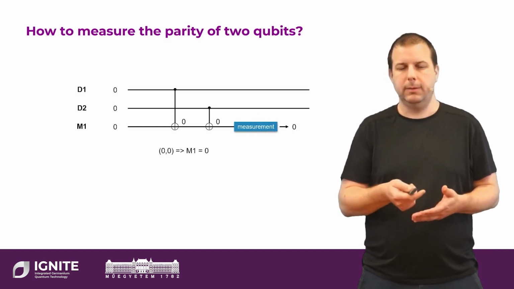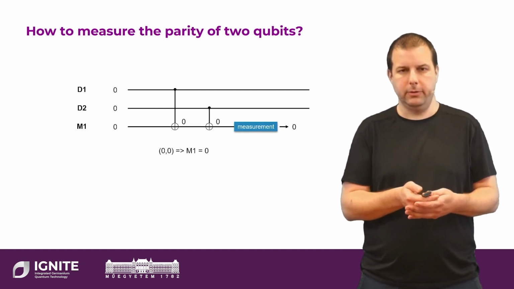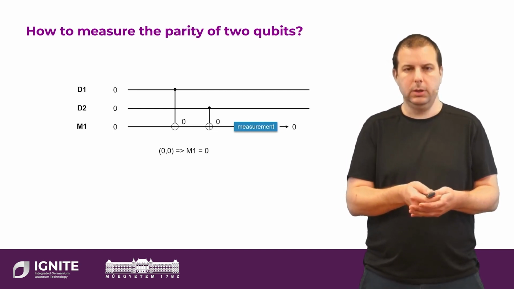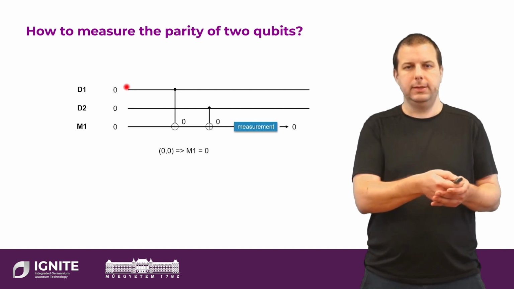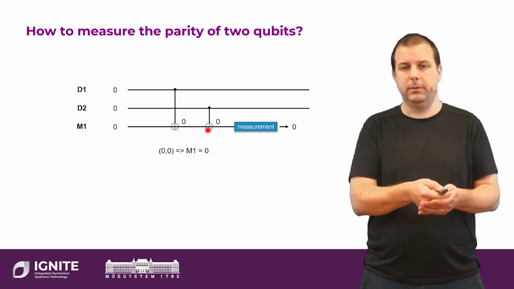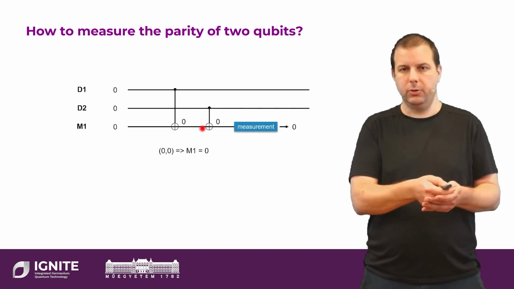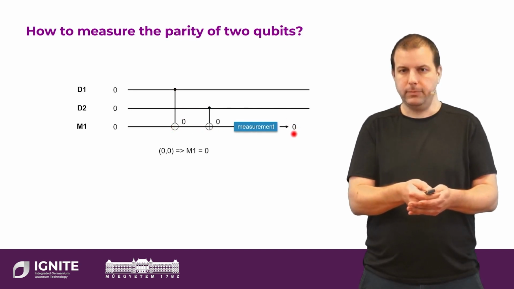So let me quickly prove step by step that indeed this circuit measures the combined parity of D1 and D2. If both of these qubits are 0, since these are controlled-NOT operations conditional on the D1 and D2 qubits, nothing happens to the measure qubit, so we will measure it as 0.